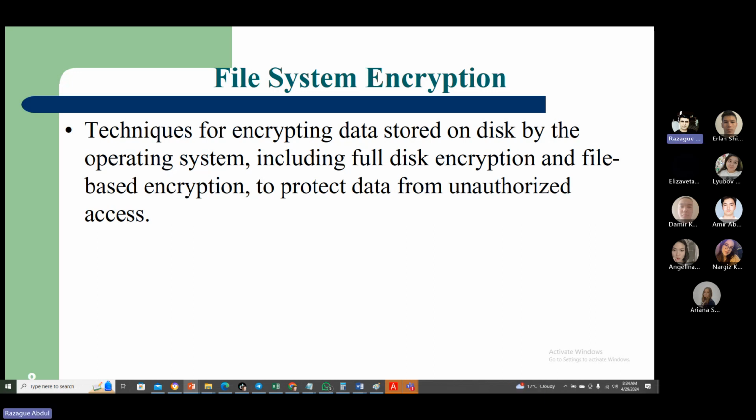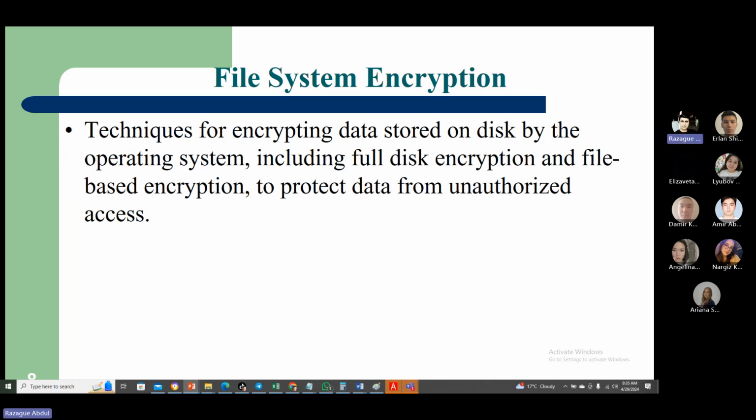So let me explain the overview of file system encryption. File system encryption is designed to protect the confidentiality and integrity of data that's stored on computer systems.